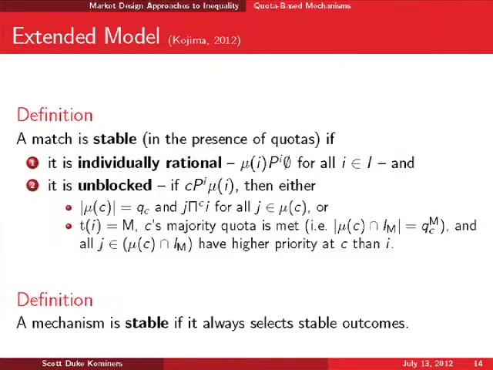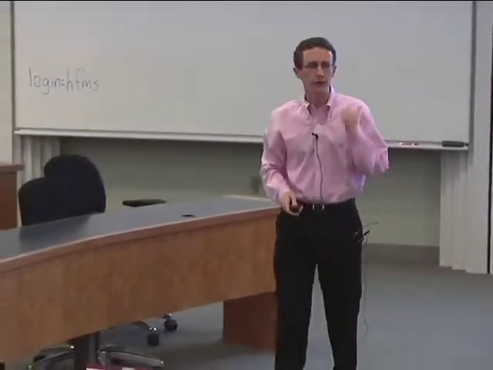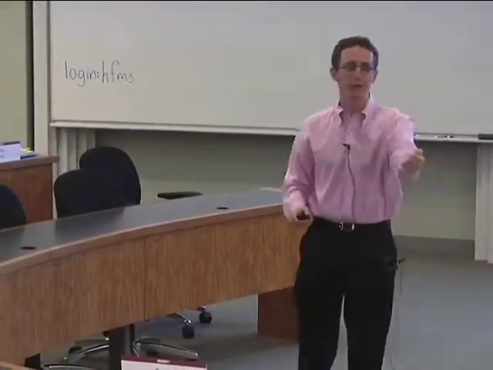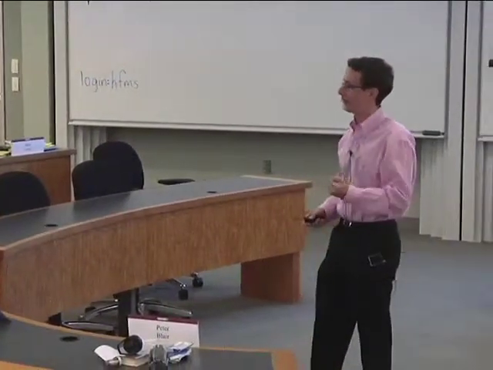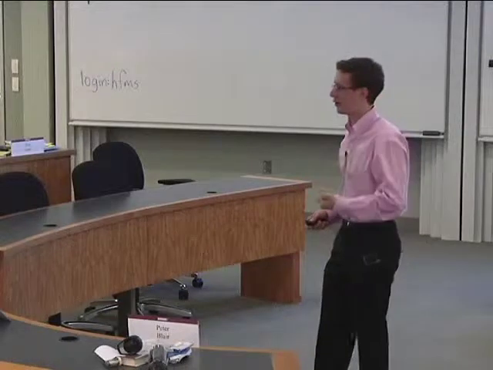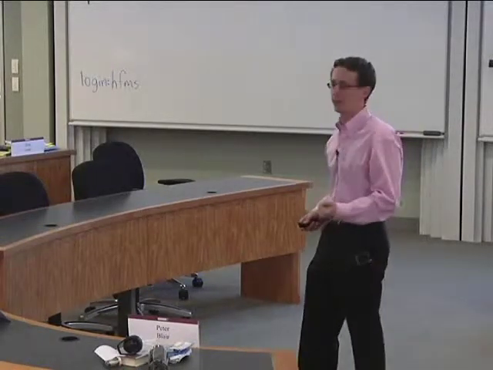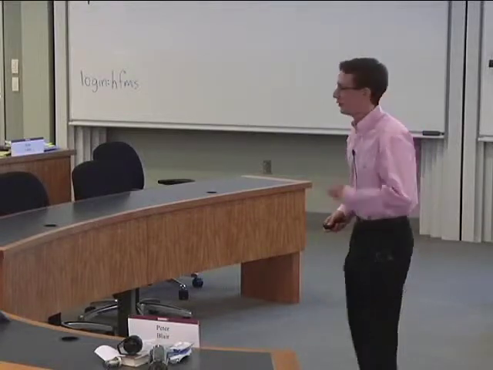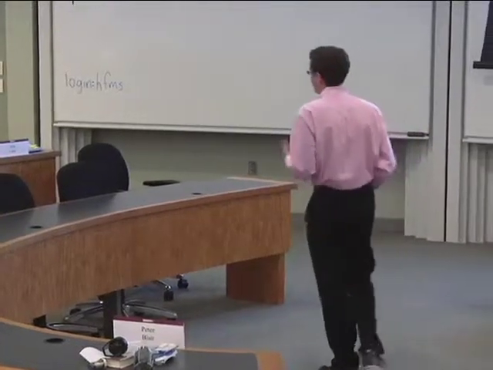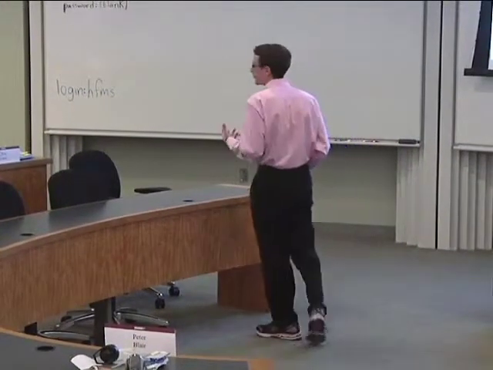There might be students at the school who have lower priority than you, but they're all minorities. So if you're a majority student who wants to move to this school, you can't, because all the majority students there have higher priority, and the quota is full. Okay? So this is the generalized stability for thinking about quotas.